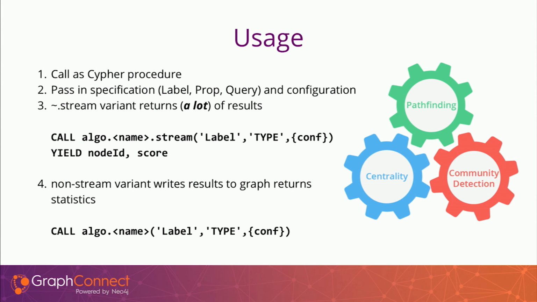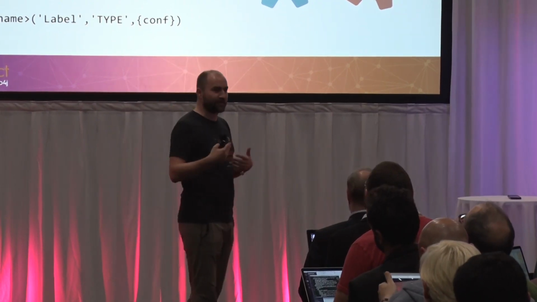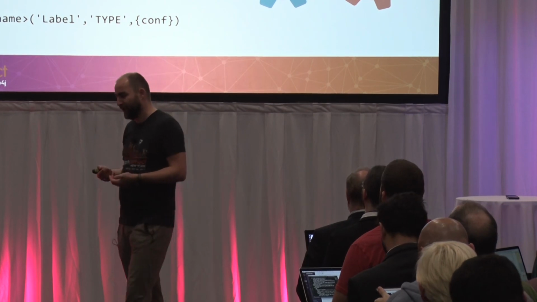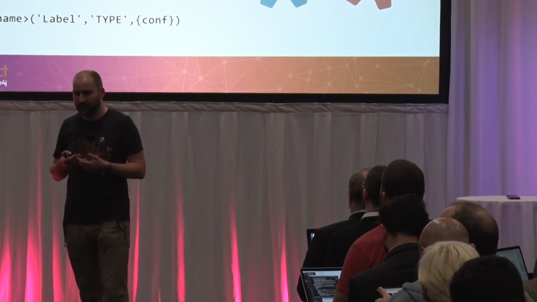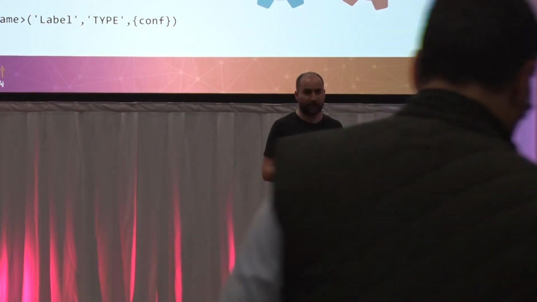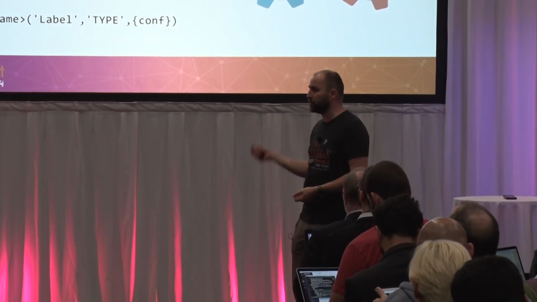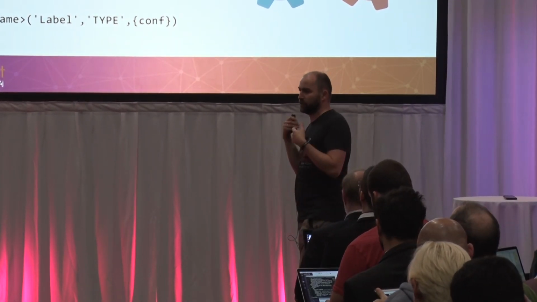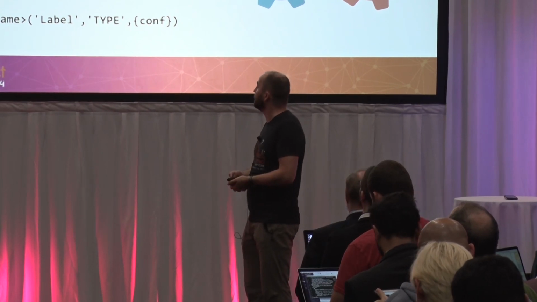The problem is that from a certain size, it's hard to process the millions or hundreds of millions or billions of nodes that get thrown at you by the algorithm. That's why we added a second way, which is able to take the results and write them back in a really efficient manner to Neo4j as properties on your node. Whatever is computed, you can specify a property name and it will be written back really efficiently to the graph.